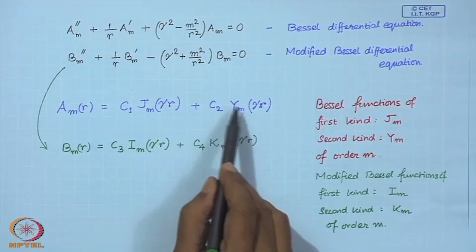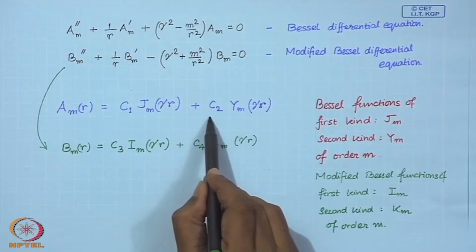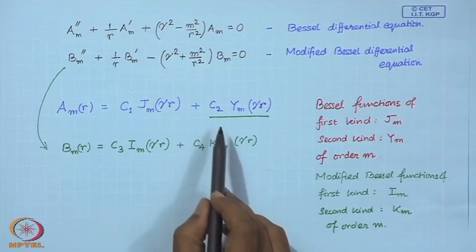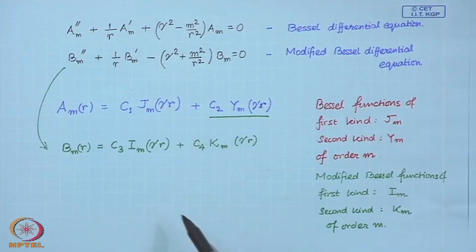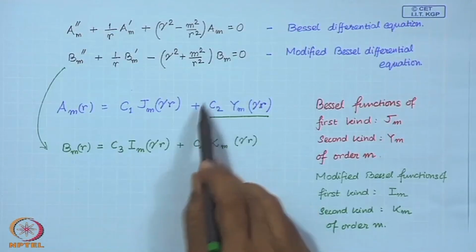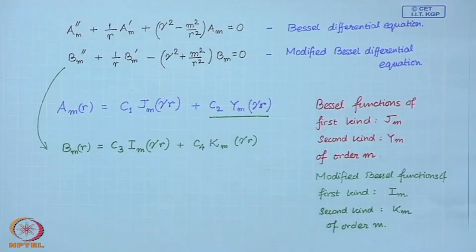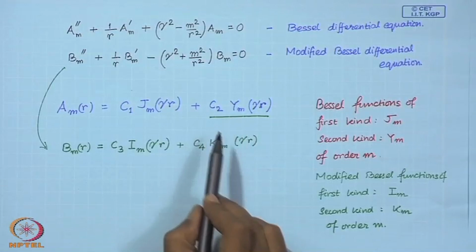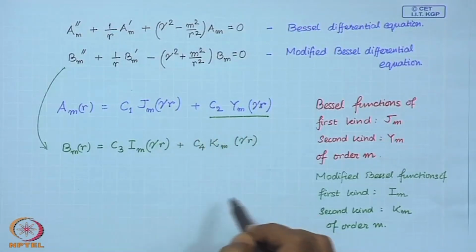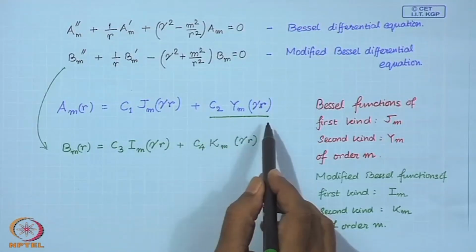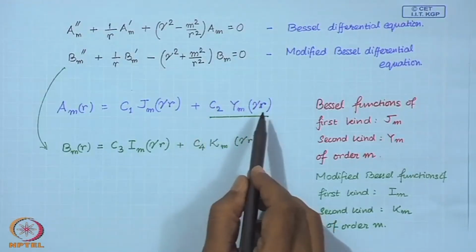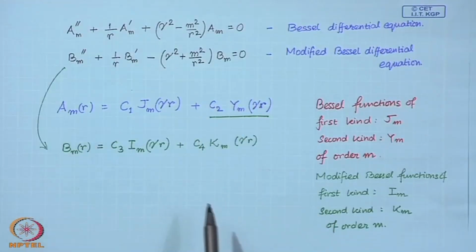So this function cannot appear in the solution of a complete circular plate. If it is an annular plate, then this function can be present, but for a complete circular plate, this function cannot appear in the solution for R m.